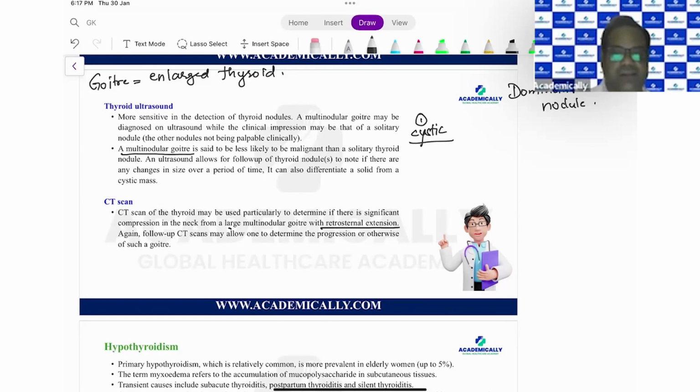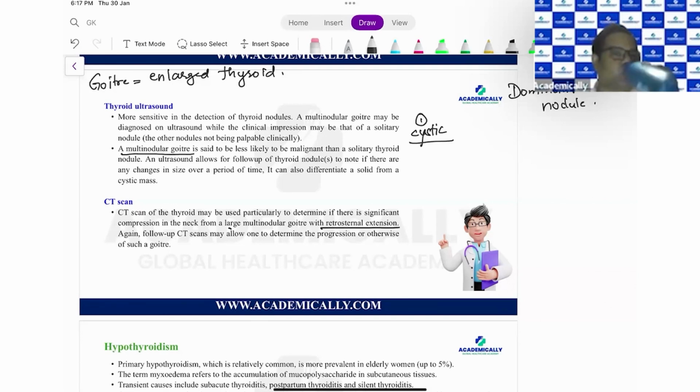All right, trachea. Can anybody tell me what kind of trachea we see when the goiter presses on the trachea? What is the shape of that trachea? There's a special name for that.